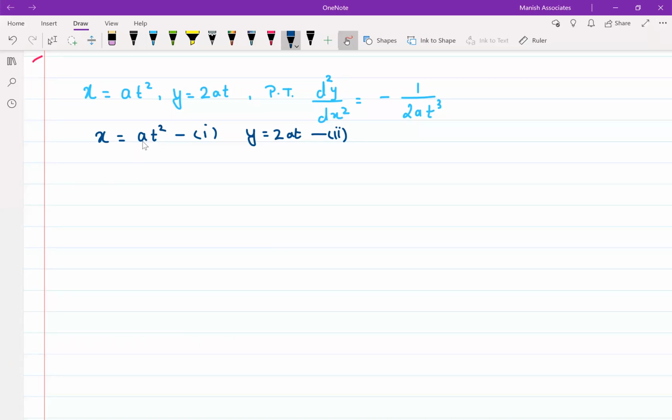So the problem is based on parametric functions. And I know that for parametric functions, if t is the parameter, dy by dx is dy by dt upon dx by dt, where obviously dx by dt is not equal to 0. Let this be relation number 3.